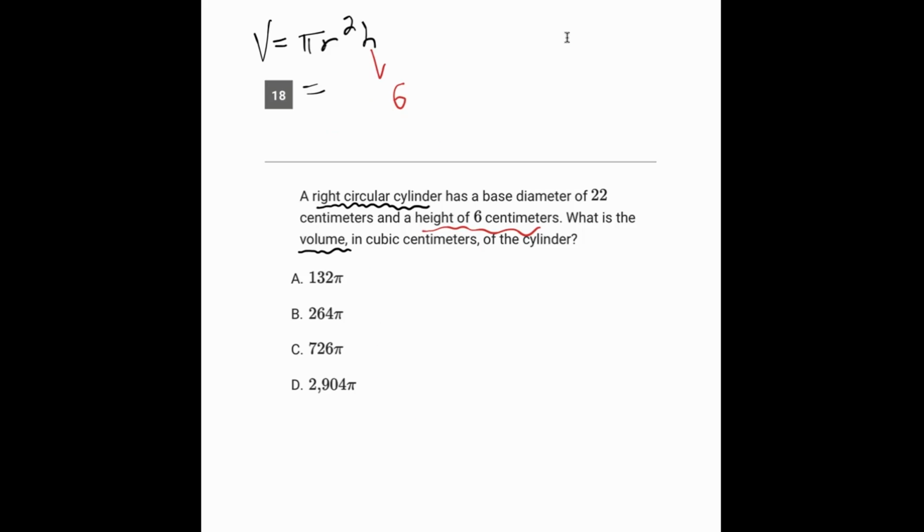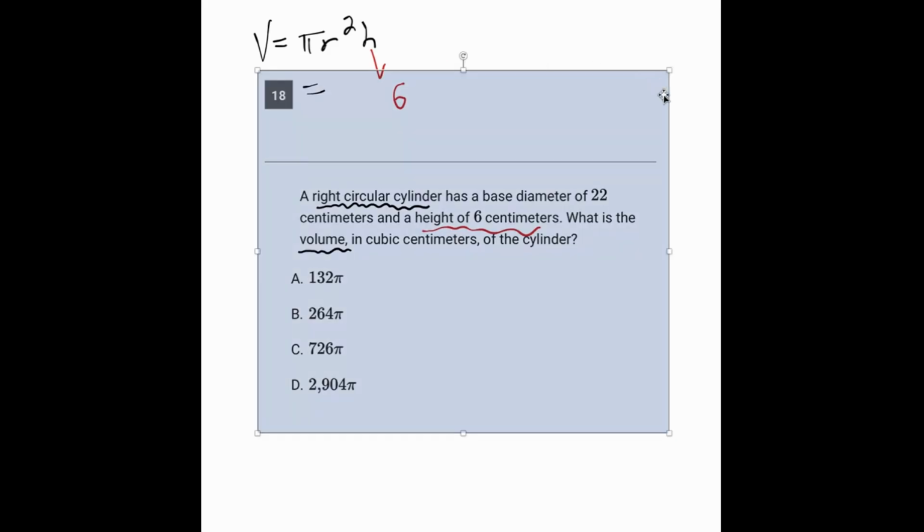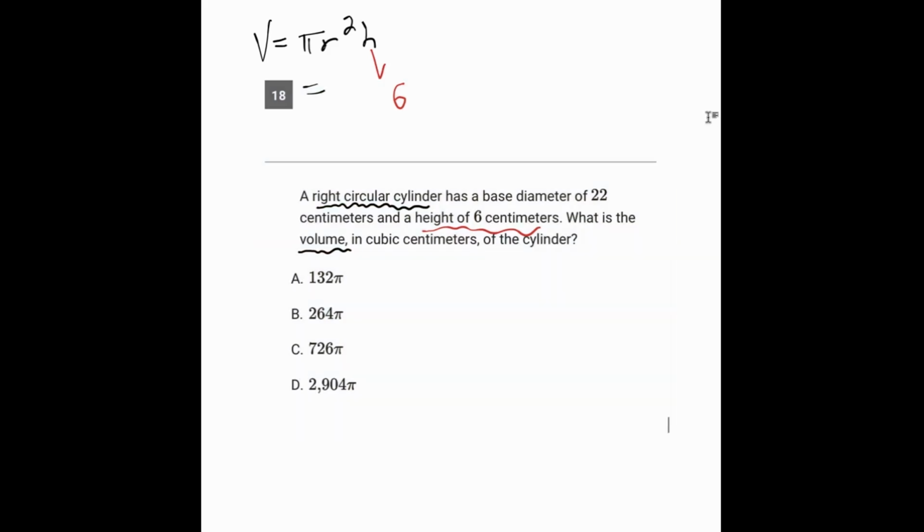If you have a circle, then you need to know that the diameter is the full distance across that circle. So here the diameter is that distance, and that would be 22. On the other hand, the radius, well, that's half the diameter.